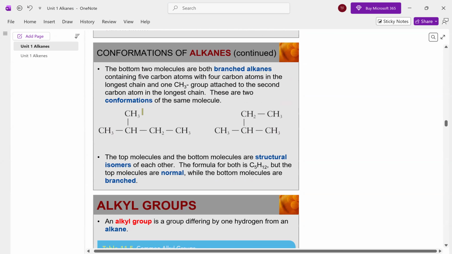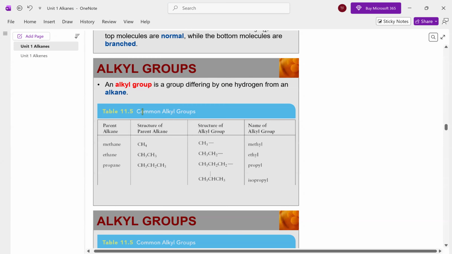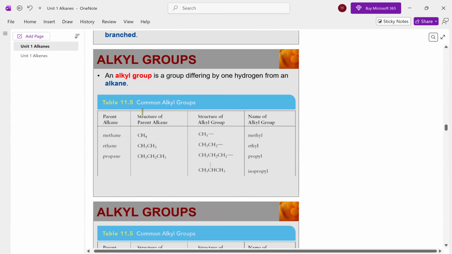Same with this one, 4-carbon backbone, left and right.